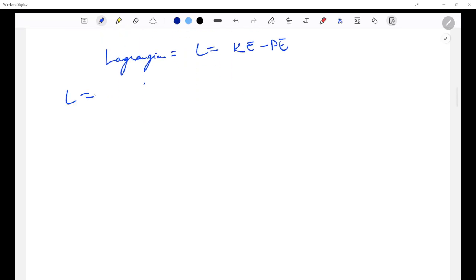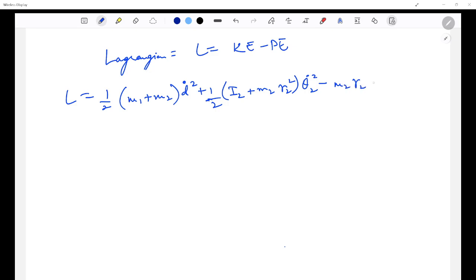If we expand all the terms that we have written, it would be half (m1 plus m2) d dot square plus half (I2 plus m2 r2 square) theta 2 dot square minus m2 r2 sine theta 2 d dot theta 2 dot minus m2 g r2 sine theta 2. Okay, so this is the Lagrangian that we have obtained by subtracting potential energy from kinetic energy.